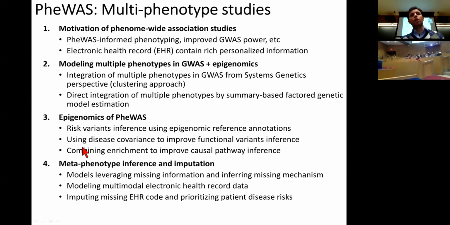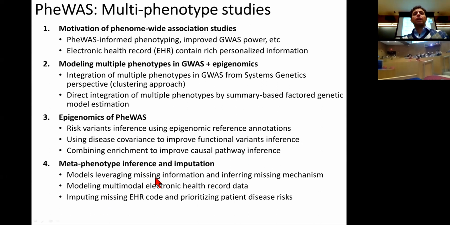We looked at our epigenomic enrichment analysis that we had seen before, but now in the context of multiple epigenomic annotations and multiple phenotypic variables simultaneously, by basically learning the co-enrichment patterns of specific phenotypic classes into similar epigenomic annotations, and then using that to improve the enrichment and improve the pathway inferences.